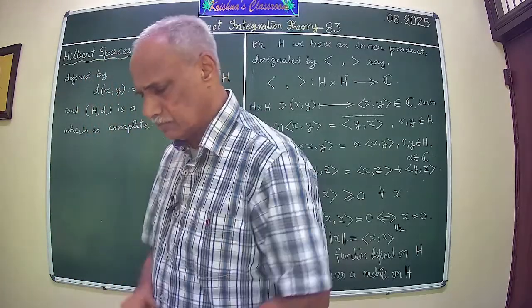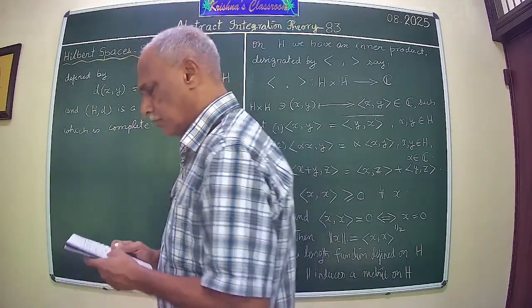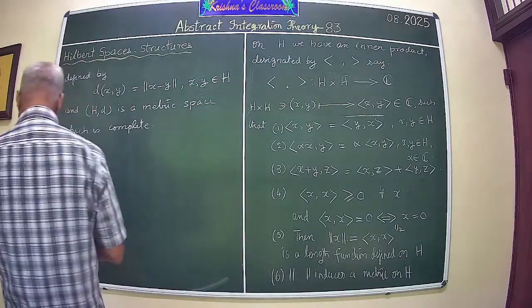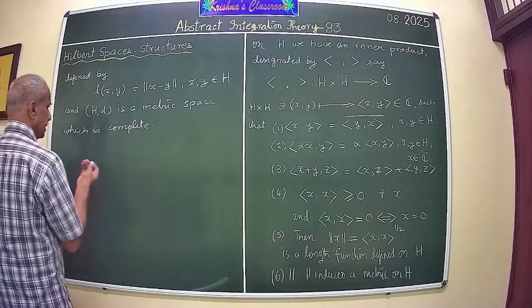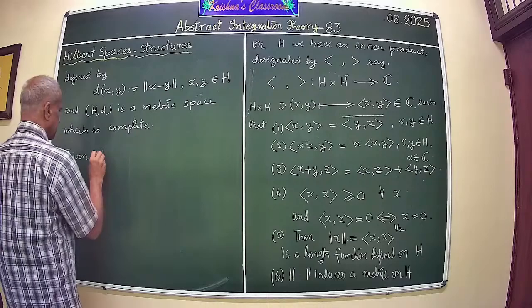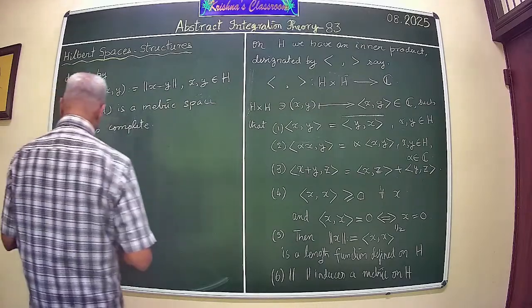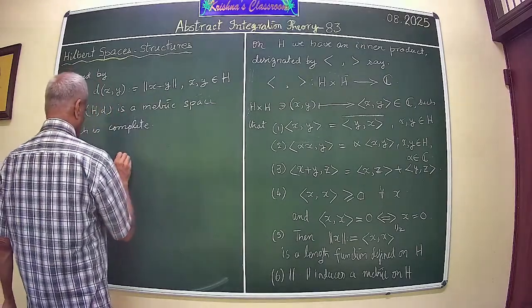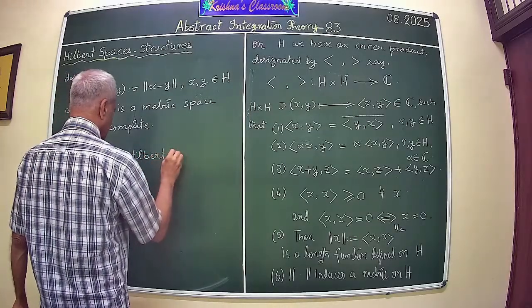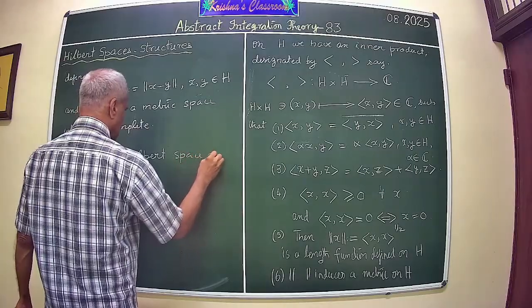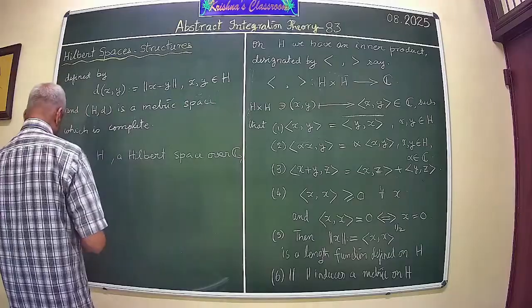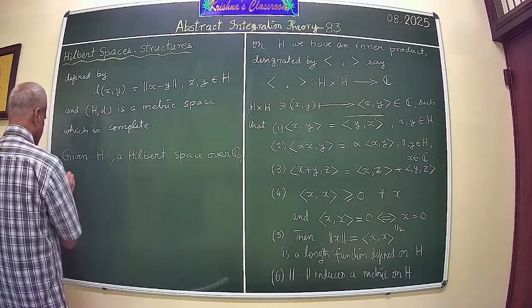So that's that. Now we go further from here. Now we consider three functions. Given H a Hilbert space, we consider the following maps.